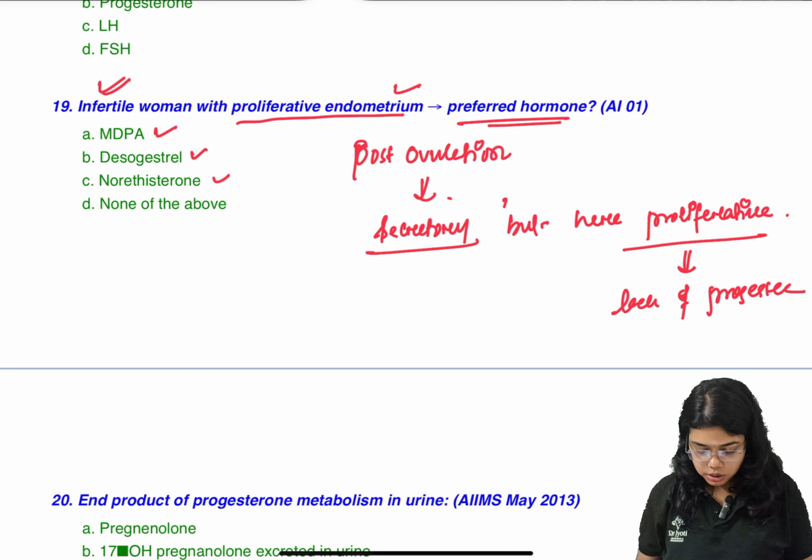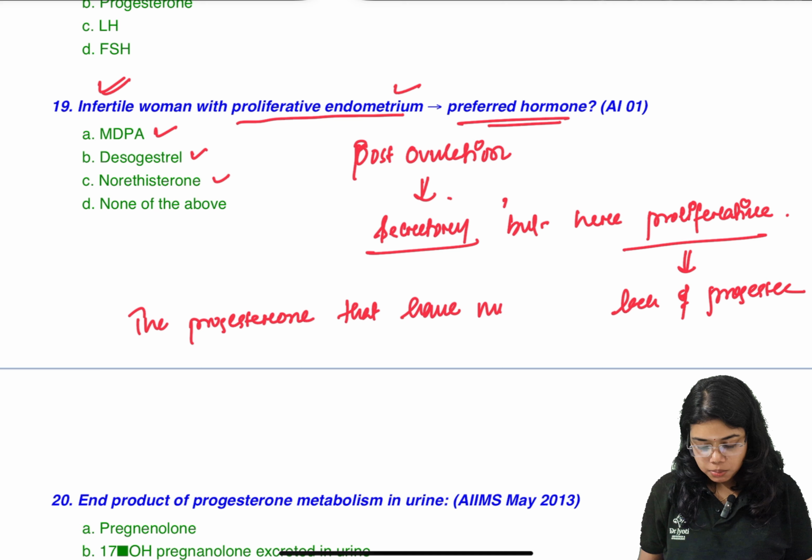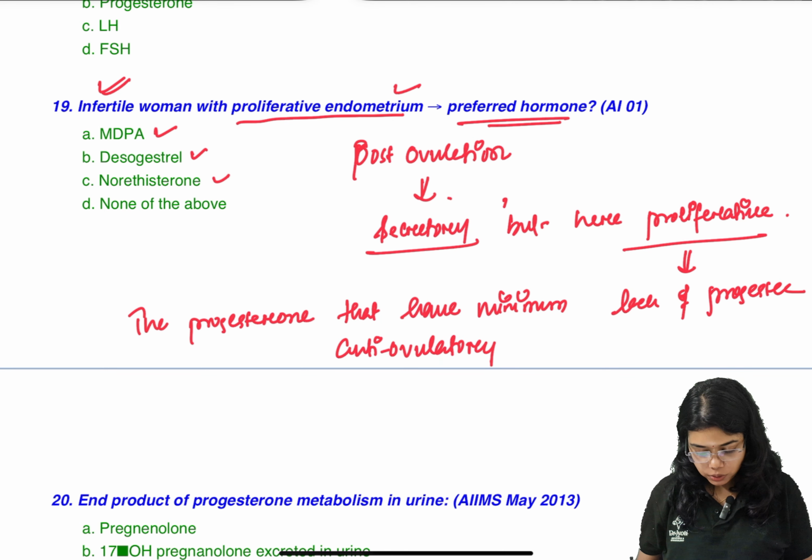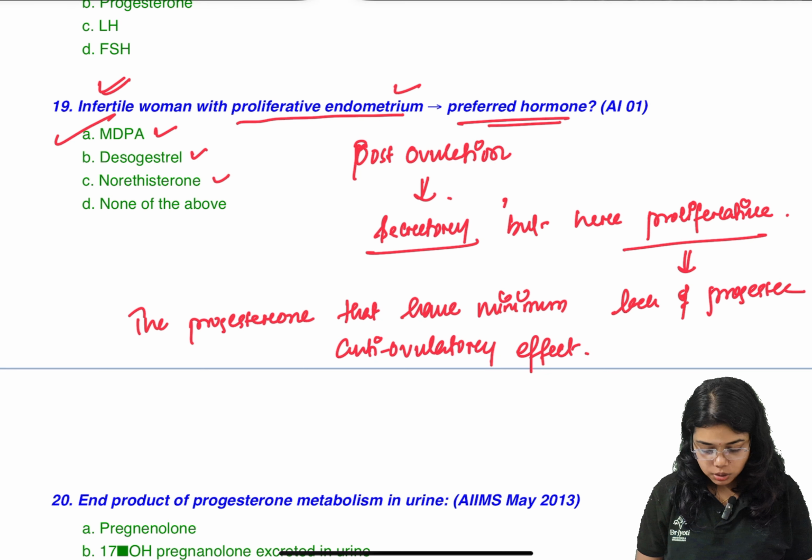The one that has minimum anti-ovulatory effect, because the patient is infertile and we need ovulation so that the patient can conceive in the next cycle. So the answer is medroxyprogesterone acetate and not desogestrel or norethisterone.